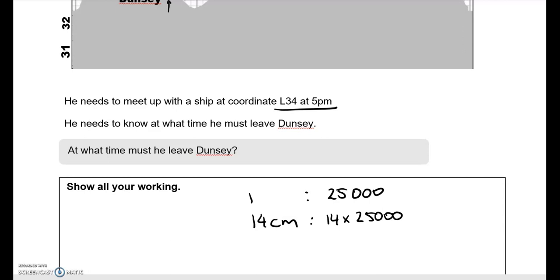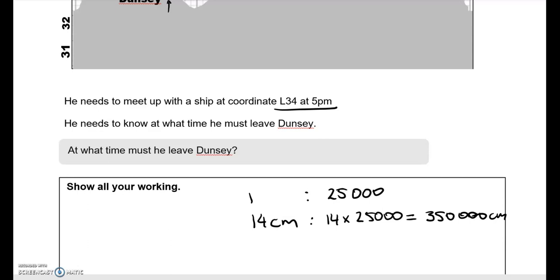So we can use a calculator to get that. And it gives us 350,000 centimeters.